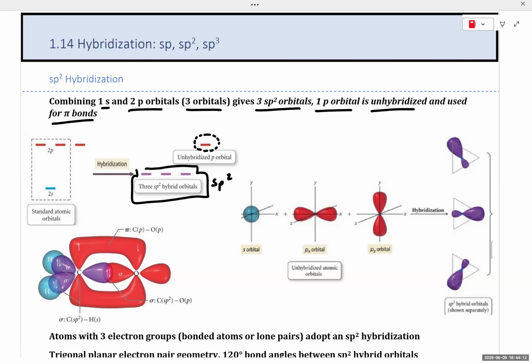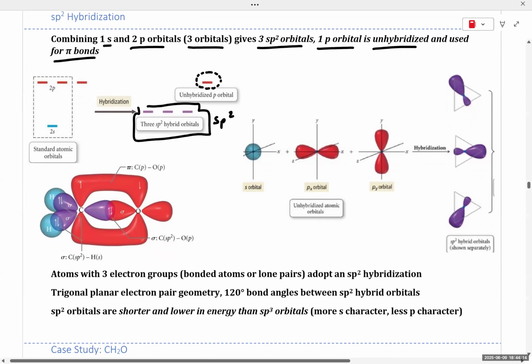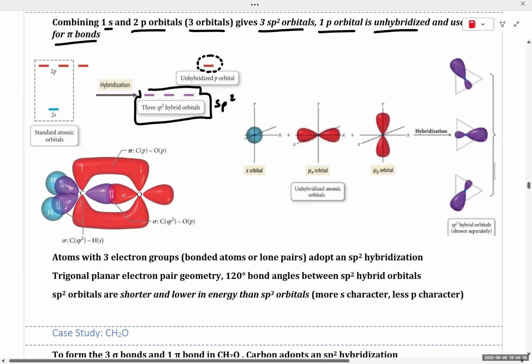So taking a look at the sp2 hybridization, we combine an s orbital and two p orbitals, and we get out three hybrid orbitals. As a consequence of the fact that we have this leftover unhybridized p orbital, many atoms with the sp2 hybridization can use that leftover half-filled p orbital that's unhybridized to form pi bonds.